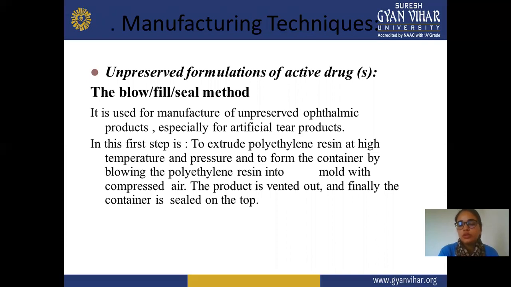After blowing, the polyethylene resin is converted into one mold or container by the compressed gas, and the product is filled into that container. After filling the required volume of your formulation, it gets sealed at the top of the mold. This is how unpreserved ophthalmic preparations are prepared.